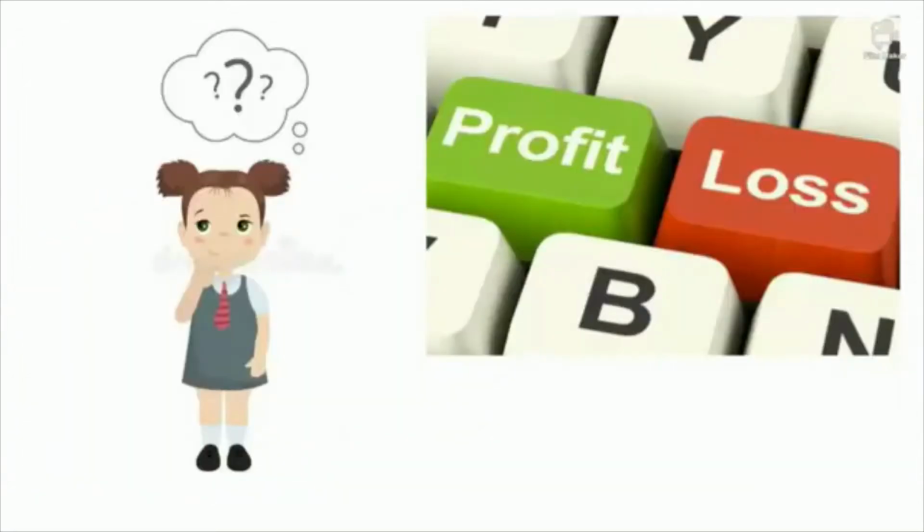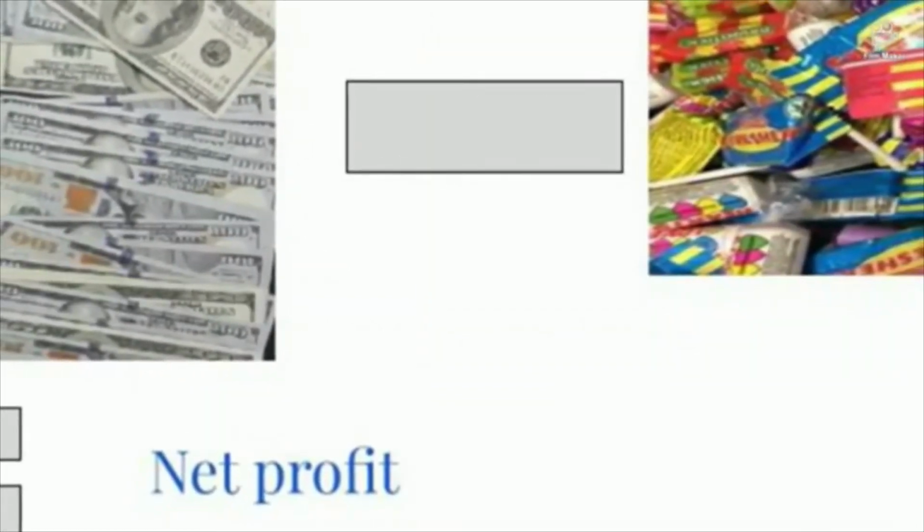Well, most of us, if not all, have been involved in some form of business before. For example, students attending school were involved in the selling of sweets. Now, how do you determine if you are making a profit or a loss? So, using the selling of sweets as an example, most persons would calculate profit by deducting the cost of the product, which is the bag of sweets, from the total sales.